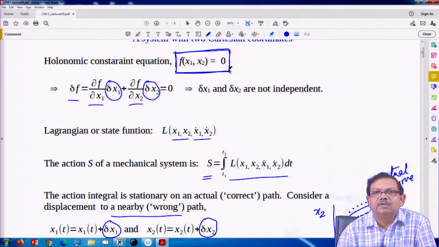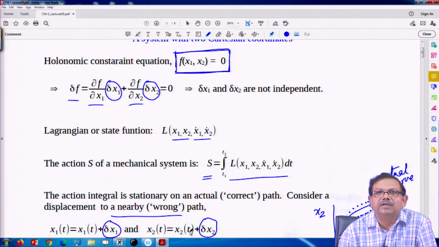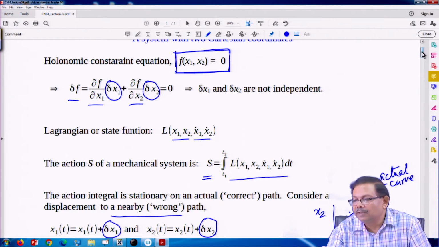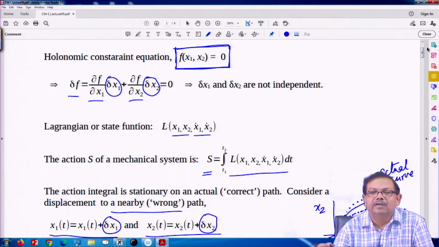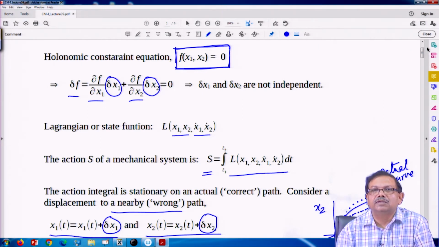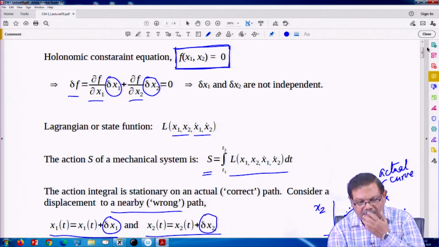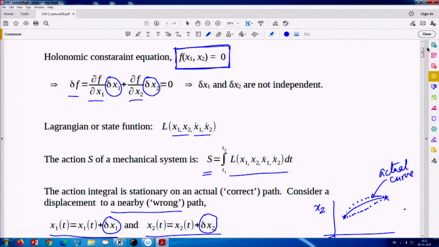So, length has to be constant. Whatever delta x 1 and delta x 2 we consider, all possible values are acceptable as long as the length of the pendulum is not stretched. That is the meaning of consistent with the constraint equation. This should not change the constraint equation; that should remain valid.